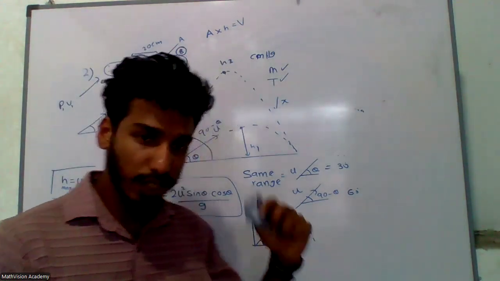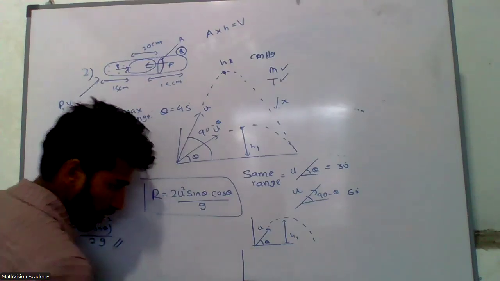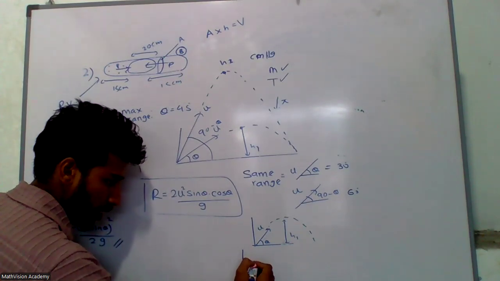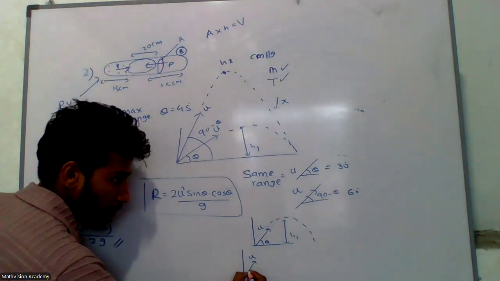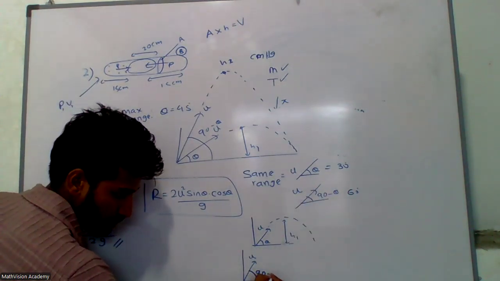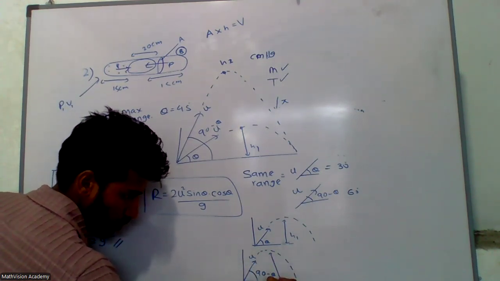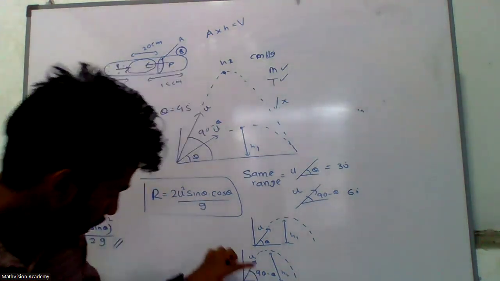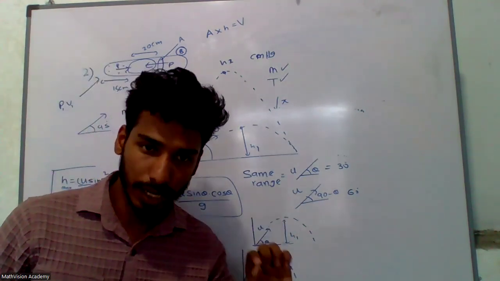If I want to write for H2, I say it's a condition. If they should have the same range, they should be projected with the same velocity, but with an angle of 90 minus theta. So now the height is H2. Now be careful, okay? Because the vertical component is u cos theta.